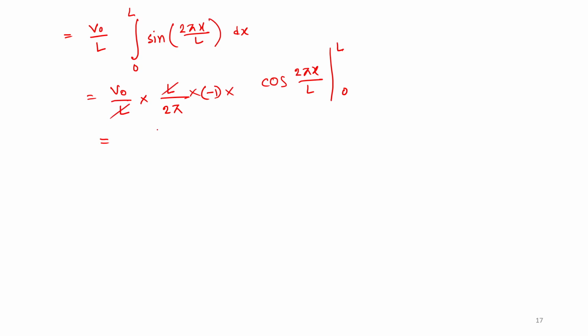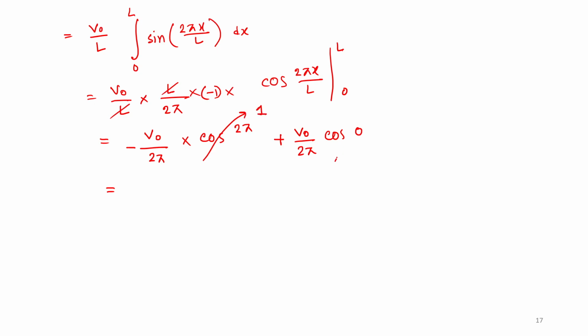So this part is V0 by 2 pi minus cos 2 pi, minus minus plus V0 by 2 pi cos 0. Cos 2 pi is 1, cos 0 is 1.